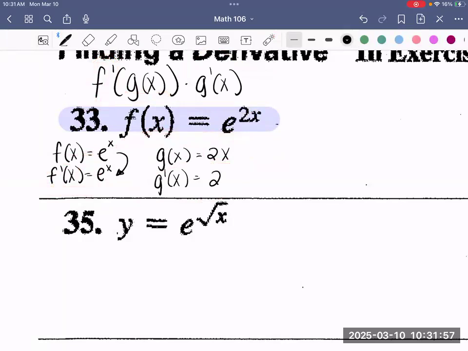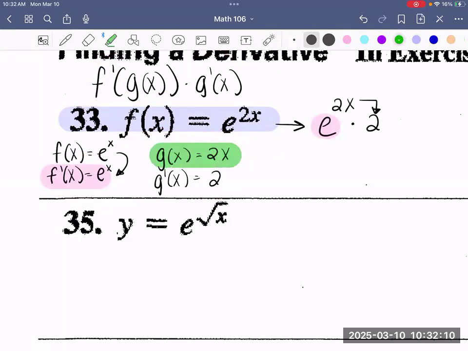So as the chain rule, we say e to the 2x times 2. That is your derivative. Your g is here, and your g prime is that one. So all together we have 2e to the 2x.